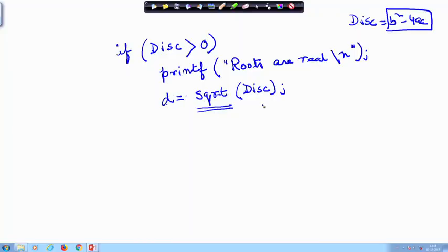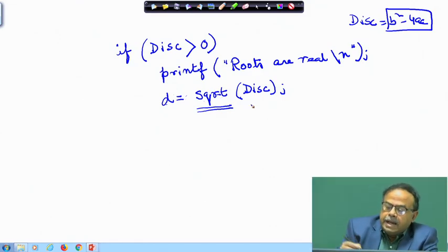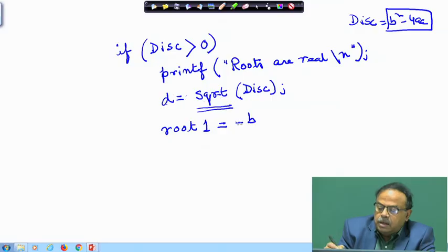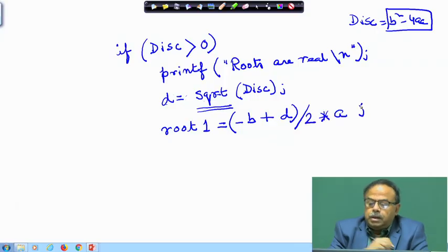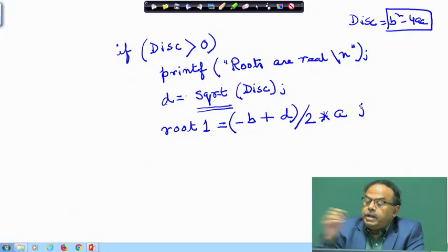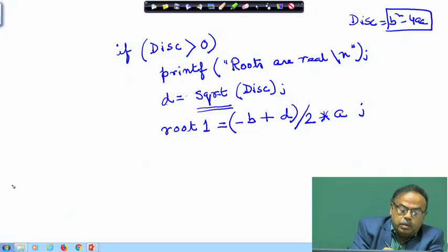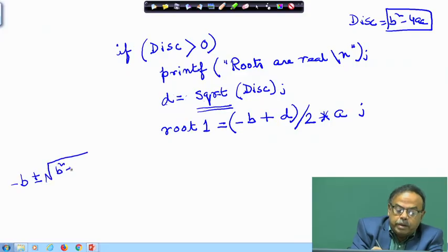So, I compute the square root of disk, okay. d is assigned the square root of disk, and then root 1 is what? Root 1 is minus b plus d by 2a. Is it clear? The two roots, I have my formula, minus b plus minus root over of b square minus 4ac by 2a.